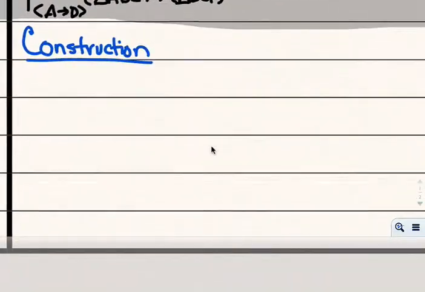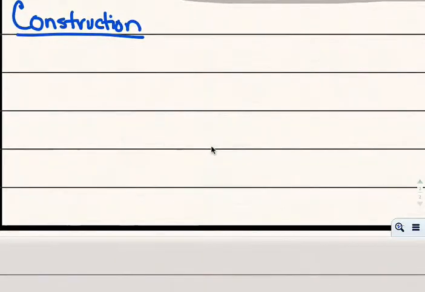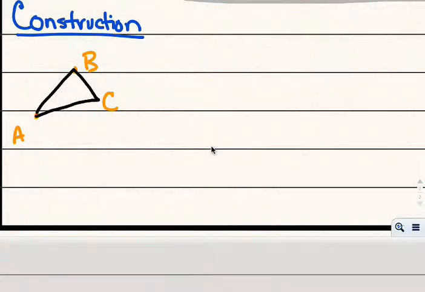Now this also gives us a sense of what should be there as far as the construction. So if we re-examine the example we just had, we have triangle ABC, and we want to translate it to this new triangle. Again, let's just go with DEF. And I know it's not perfectly to scale, guys, just go with it.